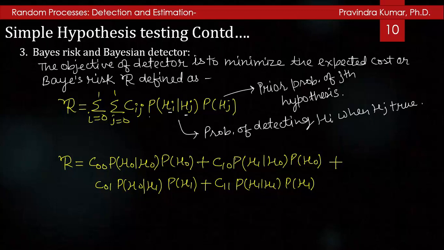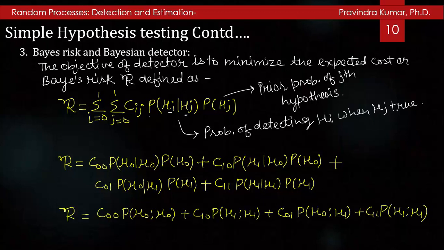and P(H1). So I can also write it as C00, because this is the joint probability. Combinedly it is known as the joint probability from the Bayes rule.